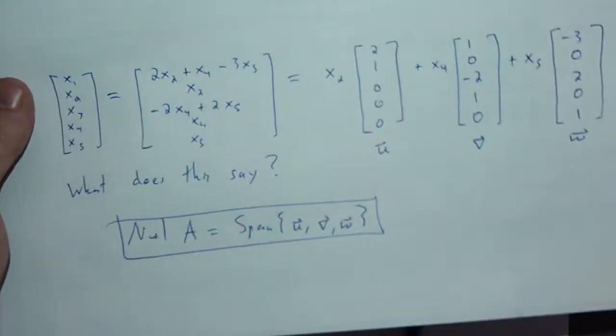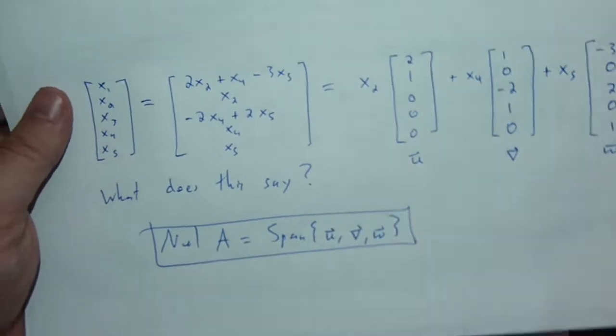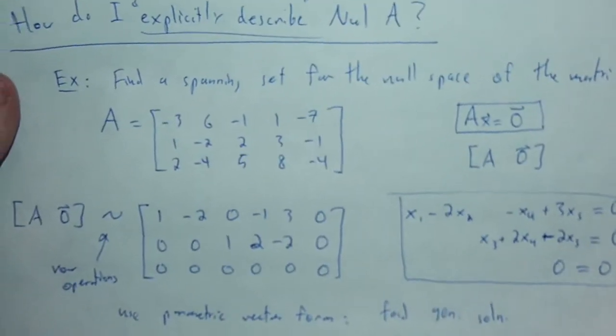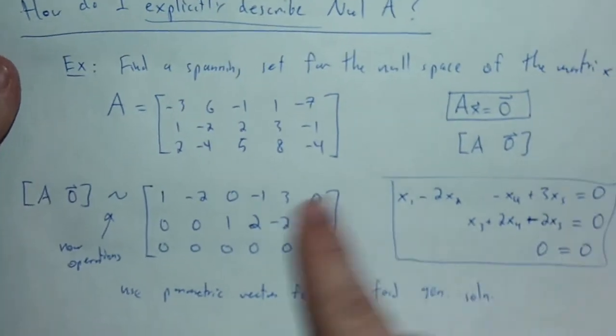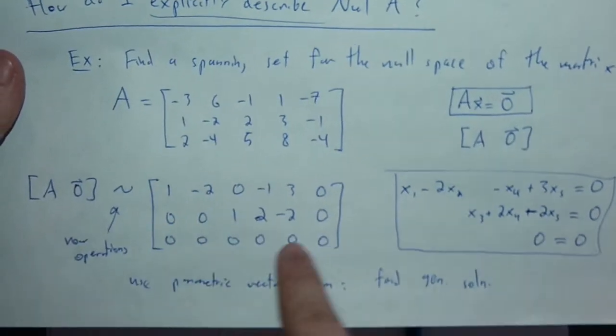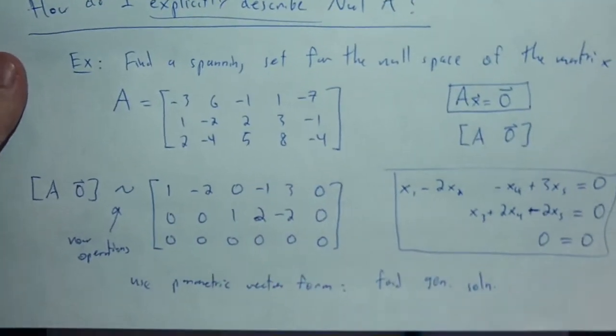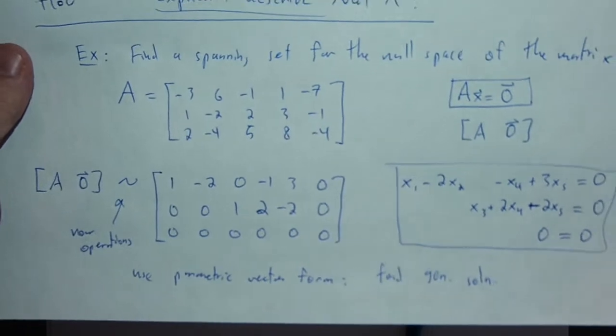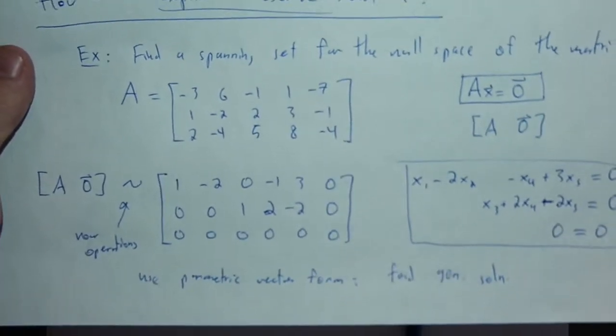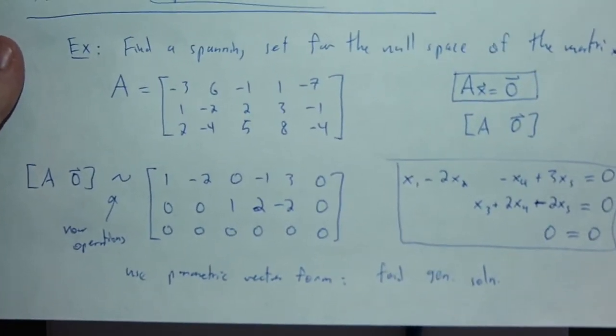So let's say you knew this process always worked. Then going back here, what if at this point I stopped and asked you, how many vectors are going to be in this spanning set?